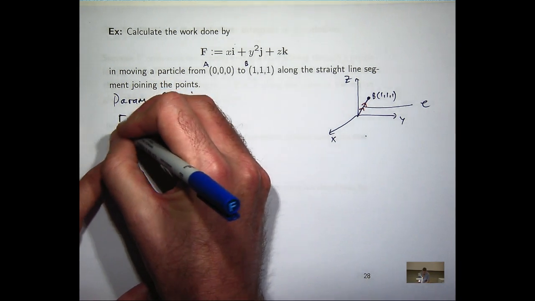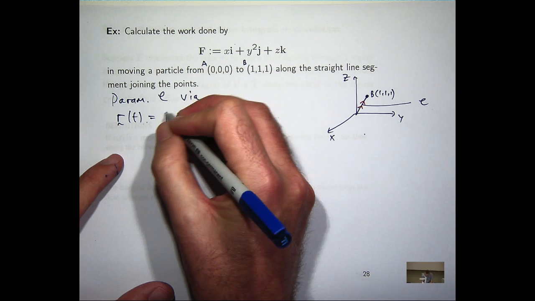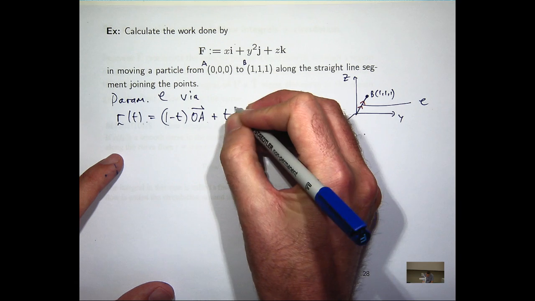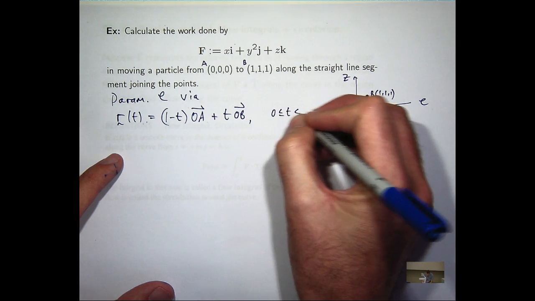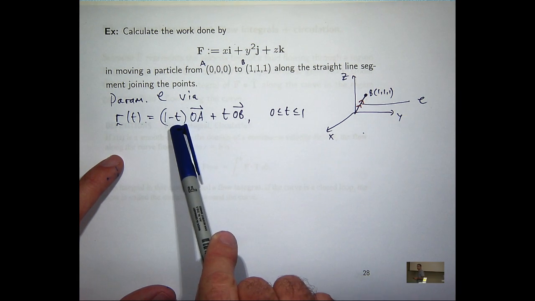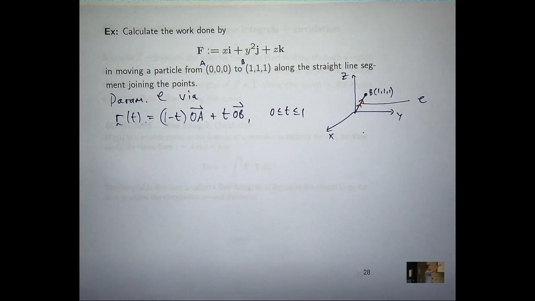We use a vector valued function of one variable, and I'm going to use basically the following: the position vector of the starting point times 1 minus t, plus t times the position vector of the finishing point. Some people are still a little bit confused about how you derive that. Well, if I have time at the end, I'll give you a few more details of how that comes about. It's not super difficult.